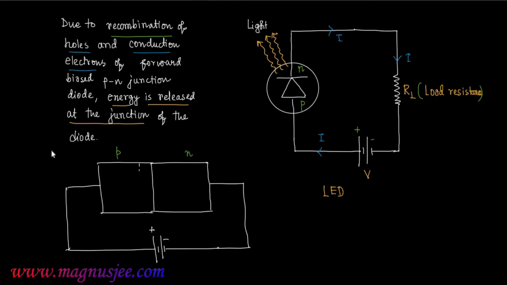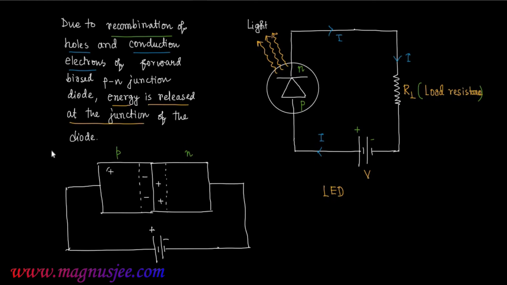We can denote the depletion layer. In a forward biased PN junction diode, the depletion layer becomes thin. In the P region of the depletion layer there are immobile negative ions, and in the N region there are immobile positive ions, and this region is called the depletion layer.